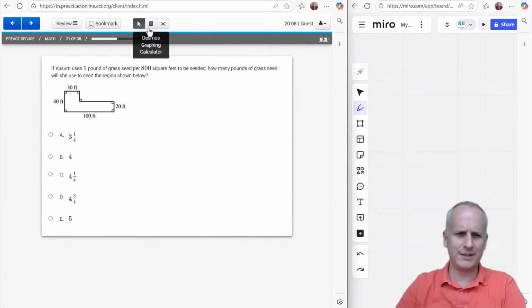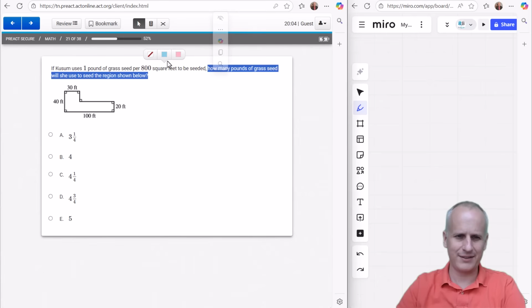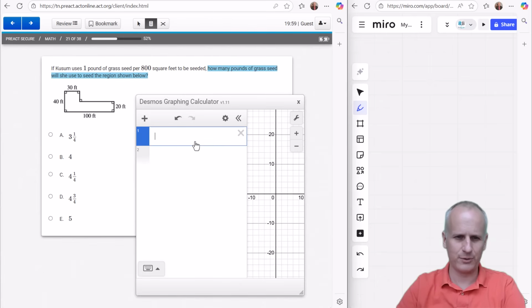Here we once again have a little figure, but I'm going to try not to redraw this and really not to engage with it too much except using that graphing calculator once more. So we see that Kusum uses 1 pound of grass seed per 800 square feet to be seeded, and we've got this region below. I just want to kind of mentally split this.